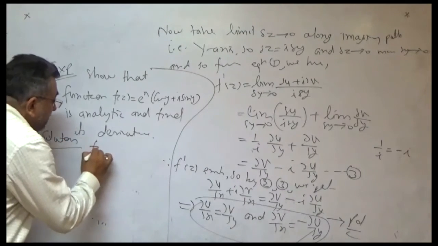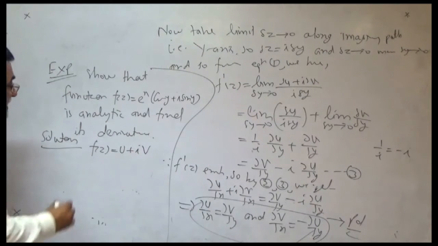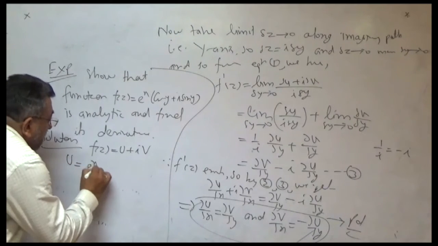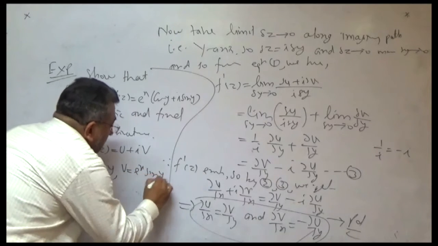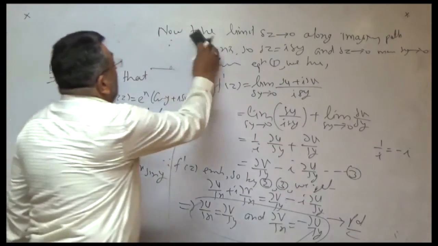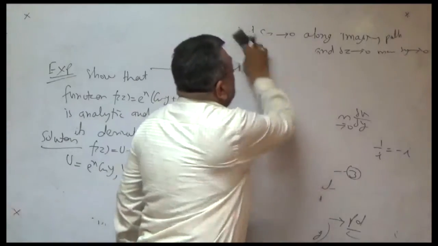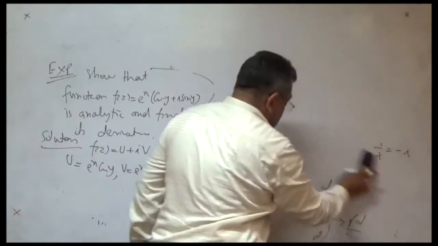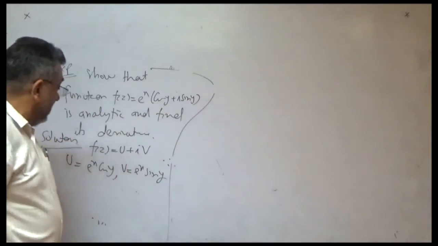If you compare this function with your standard form, f(z) equal to u plus iv, so here u equal to e^x cos y, that is real part, and v is equal to e^x sin y. Now first you calculate all the partial derivatives of u and v with respect to x and y, and then we check whether CR equations are satisfied or not.